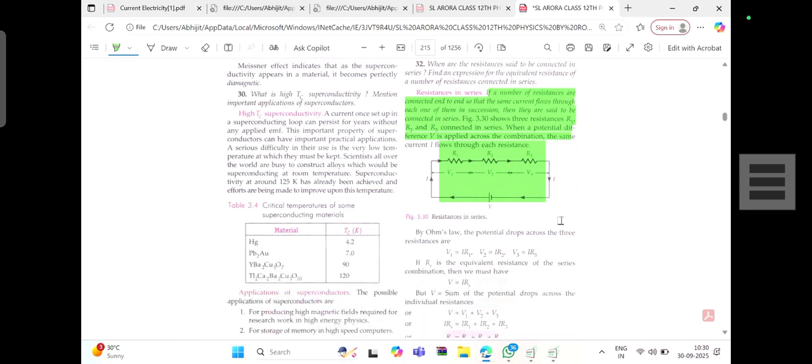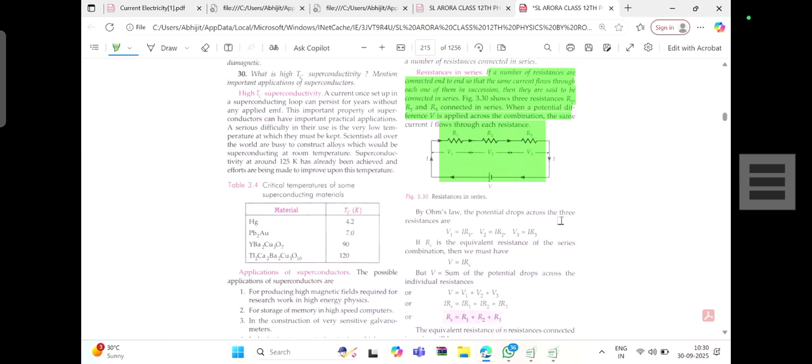By Ohm's law, the potential drops across the three resistances are V1, V2 and V3. One thing you have to remember, the current is always the same in every resistance in series combination, but the voltage is not the same, because the resistances are different.